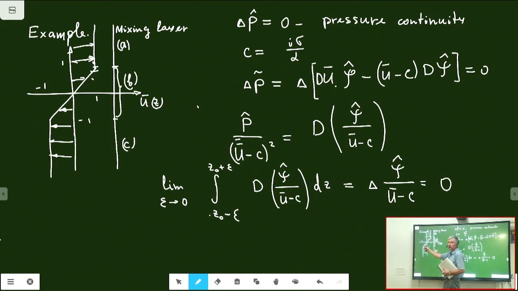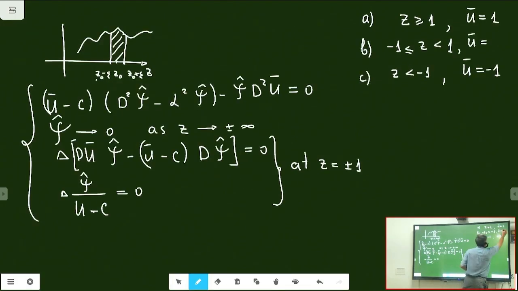I chose it to be in the simplest possible form, and this is simply z. Okay? Off you go. Substitute this into the equation, see what happens, and see what you can figure out. What is the solution of this equation subject to the boundary conditions in the first region first?